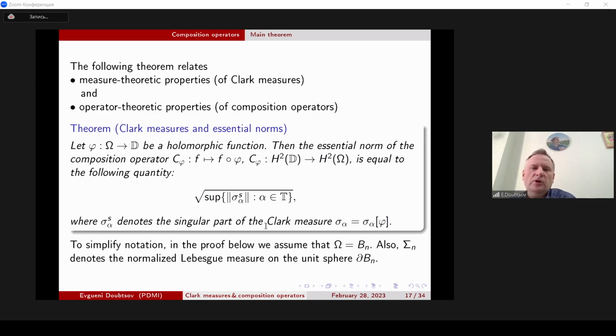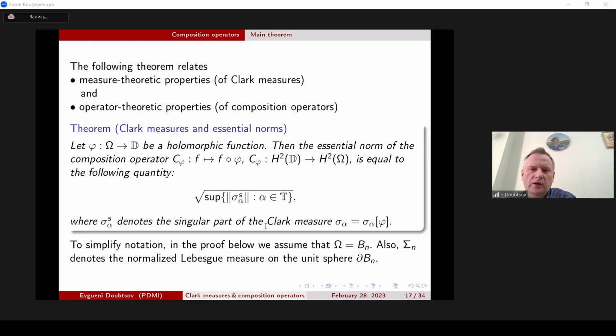So once we have this explicit expression for the essential norm, we also characterize the compact composition operators. In the case of one variable, there was a certain history of several results. I'll mention this history somewhat later as a motivation.